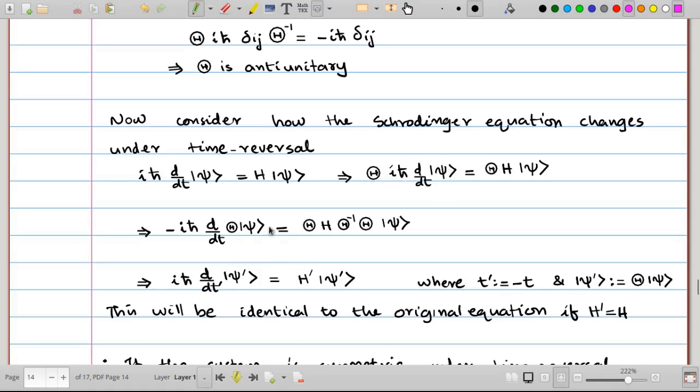theta psi. So I have written this here. So minus iħ d/dt theta psi is equal to theta H psi. But then again you can insert an identity operator between H and psi, and that identity operator would be theta inverse theta, and therefore this right hand side becomes theta H theta inverse then theta psi, exactly this term.